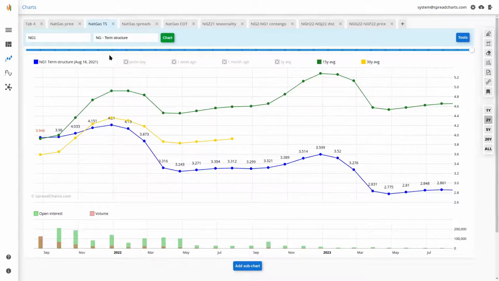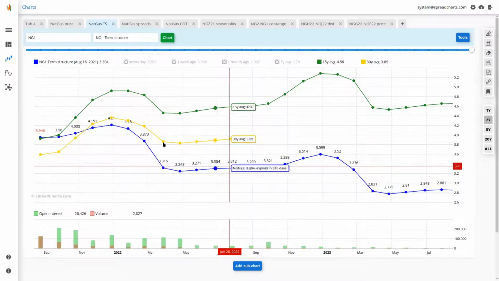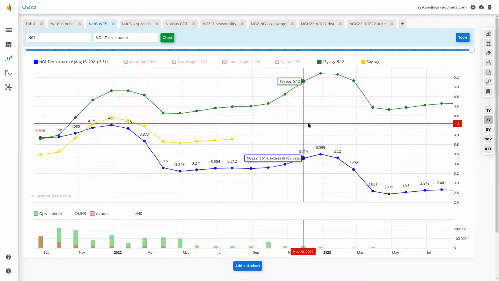And moreover, you would avoid the contango drag on the Nat Gas, because in markets that are in contango, even when you buy an ETF holding futures contracts like UNG, you are losing money on the contango. And of course, when the market is really tight, it can flip into backwardation.